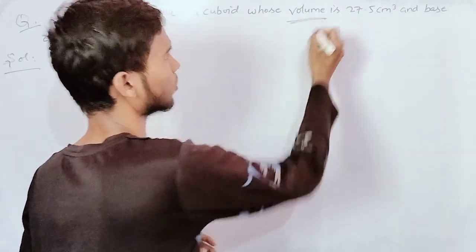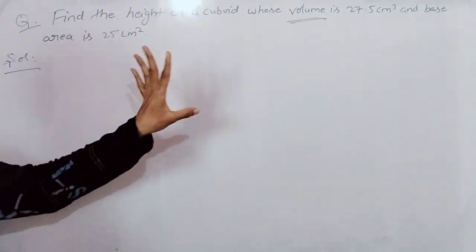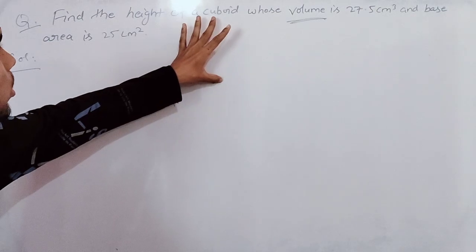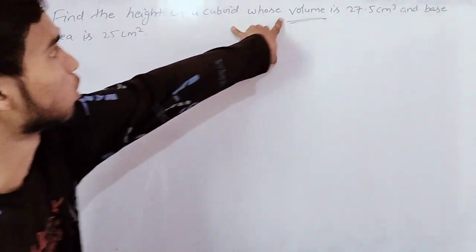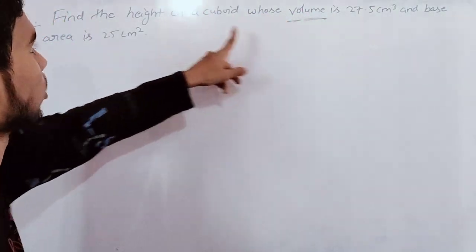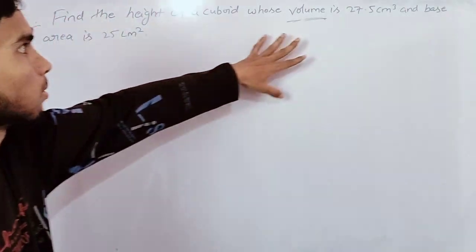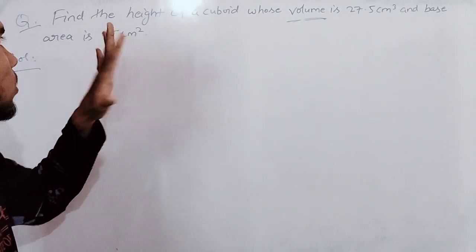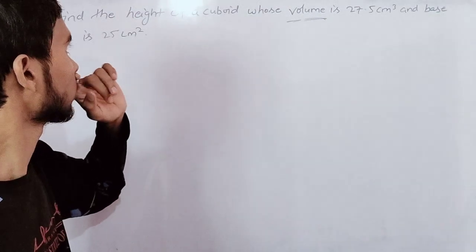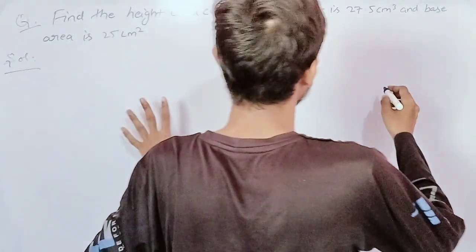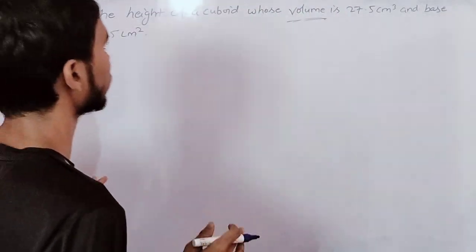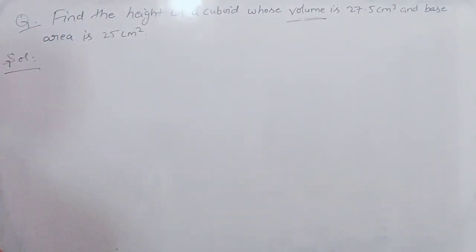Find the height of a cupboard whose volume is 27.5 and base area is 25. So here we have to find this height. We don't know the length.